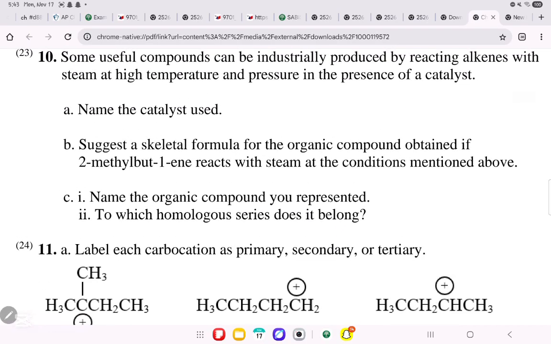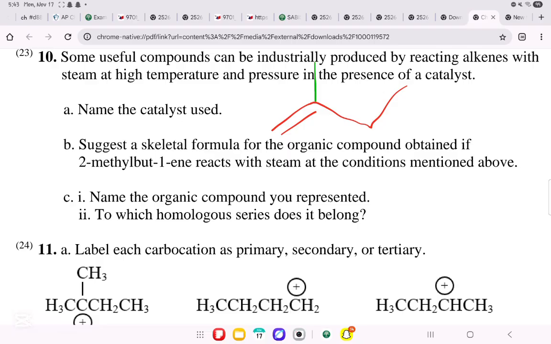Let us draw 2-methyl-but-1-ene. First of all, we draw what? We draw but-1-ene, and then what do we draw? We draw 2-methyl. So here. Now, it reacts with what? It will react with steam, so plus H2O gas steam, in the presence of H3PO4, 300 degrees Celsius and 60 atmospheres to produce an alcohol.